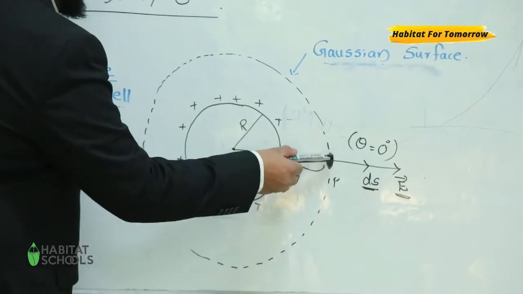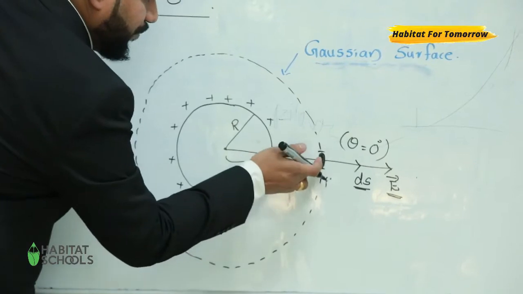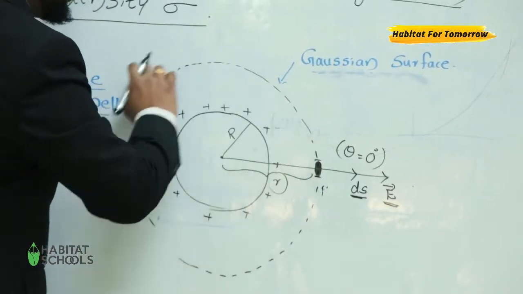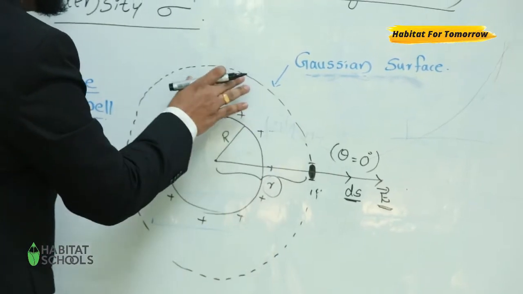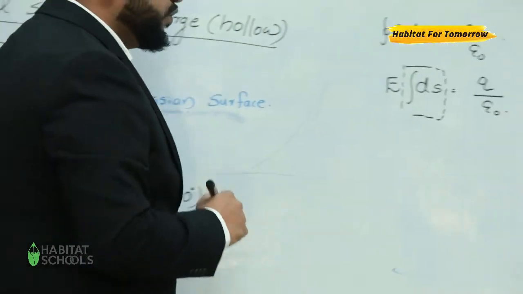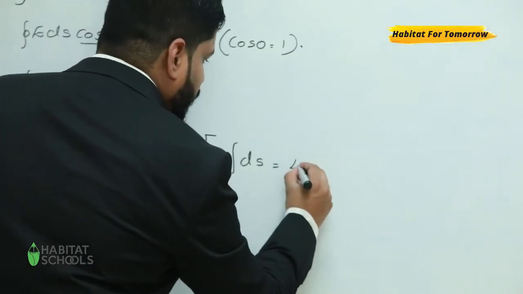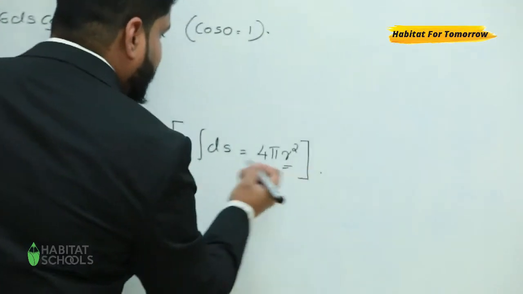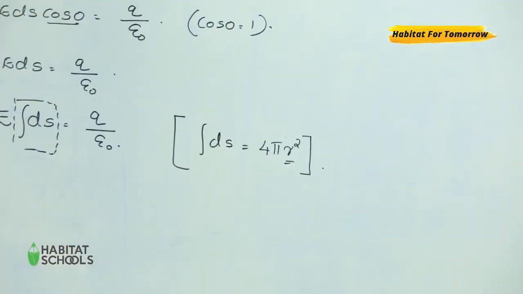So integral ds means this is ds. After integrating this small ds, you will get the surface area of this Gaussian surface. Gaussian surface is just like a sphere. So the surface area of this Gaussian surface you can write as 4 pi r square. This r square is the radius of the Gaussian surface.